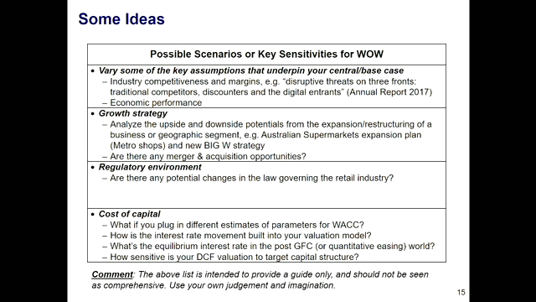I gave some specific hints or directions on how you might apply scenario or sensitivity analysis on Woolworths. And when you try to do this additional analysis, you will probably find sensitivity analysis and scenario analysis can be correlated. They can be overlapping. That's pretty normal for any quantitative analysis.